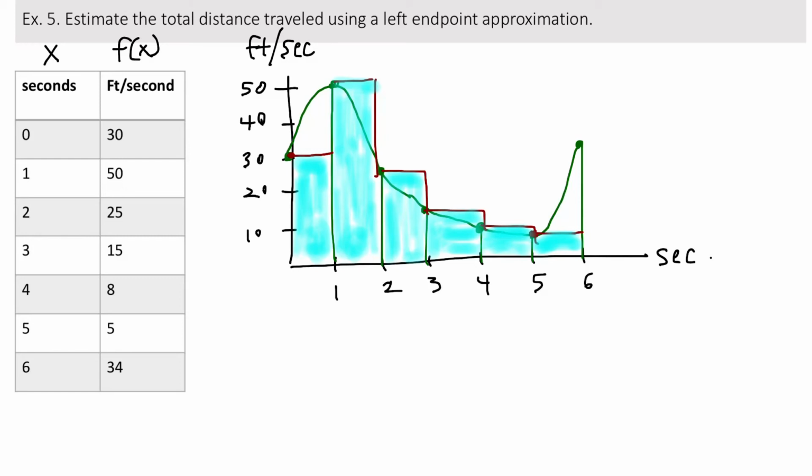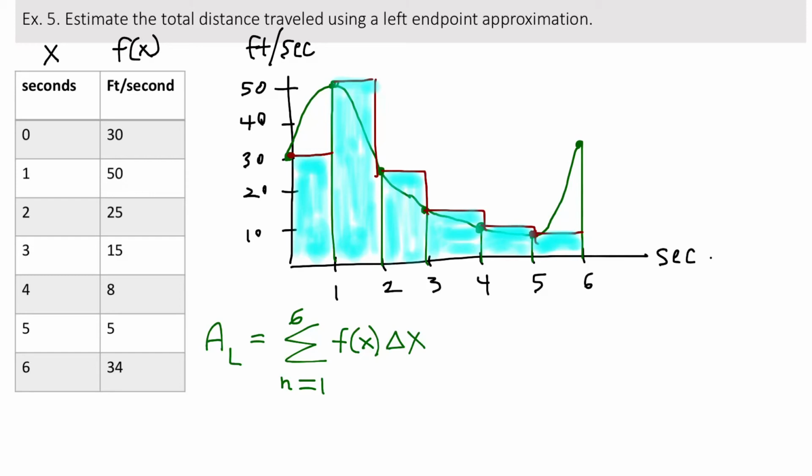So now I can say that I've got my area. Let's just say this is area using a left endpoint approximation will be my sum of my 6 rectangles. So that will be from n is equal to 1 to 6 of f of x delta x. So that's the length times width of each of those blue rectangles.